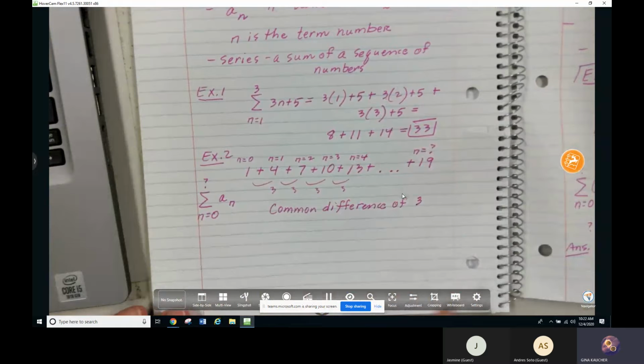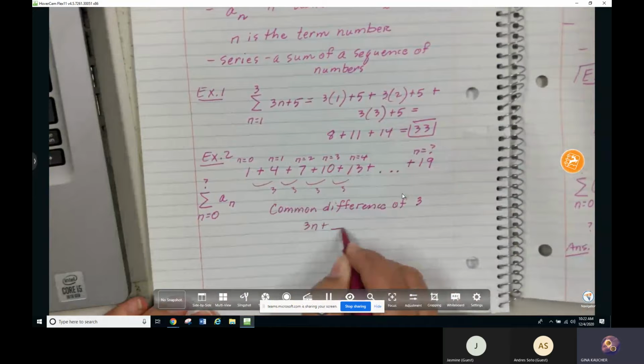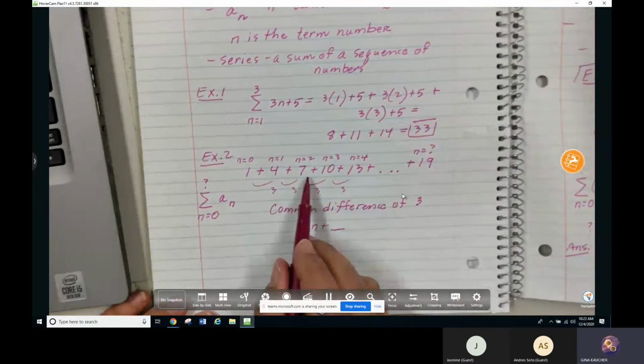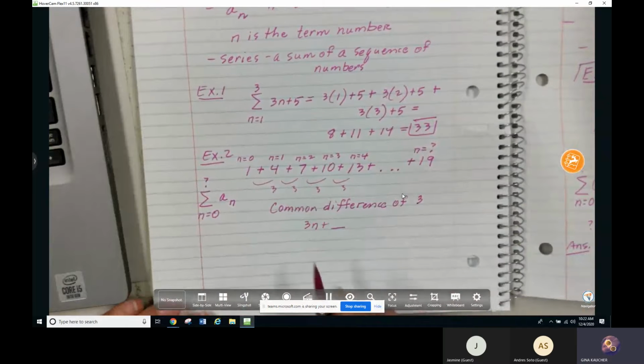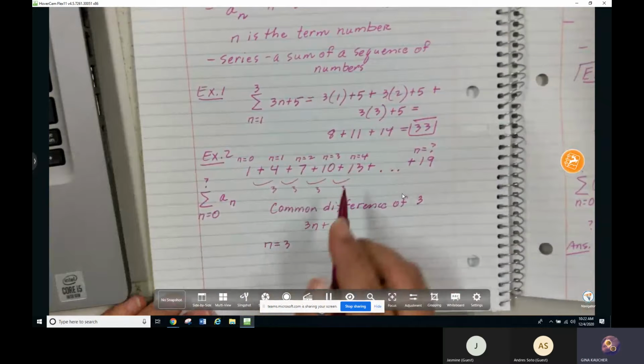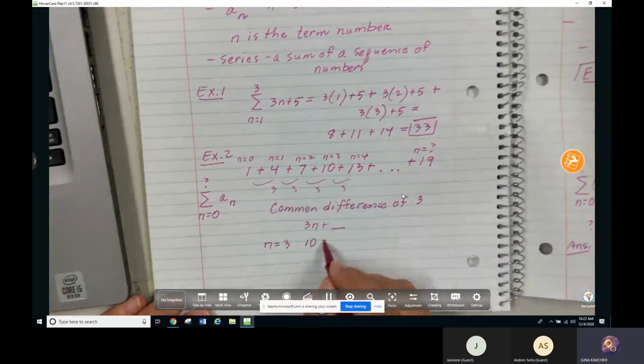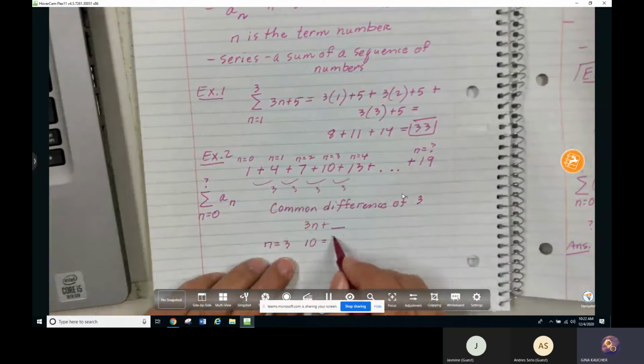So that 3, we use 3 and plus or minus some number. It's definitely not just 3. 3 times n, I mean, it's not going to get you to the next number. So let's look at an example where n equals 3, we get 10, right? So 10 equals 3n, so 3 times 3 is 9 plus 1.